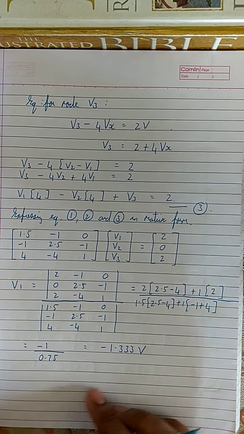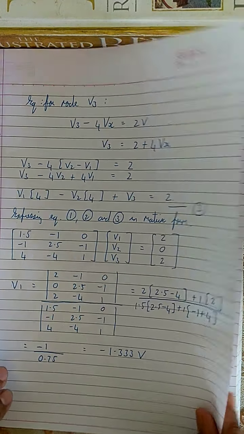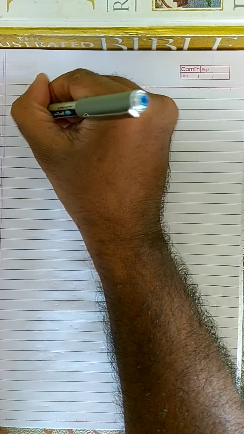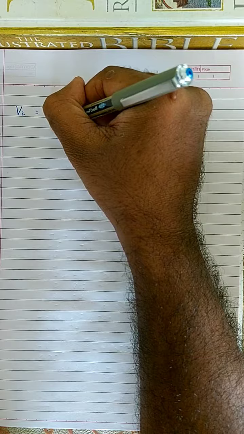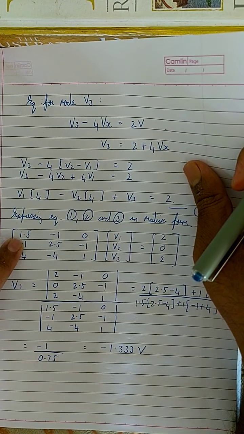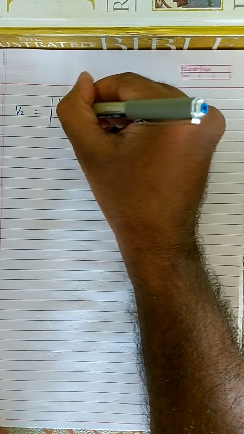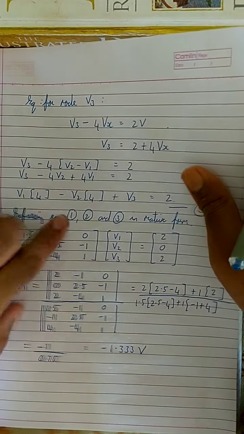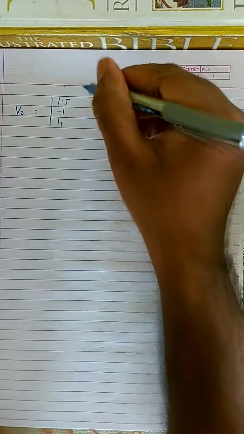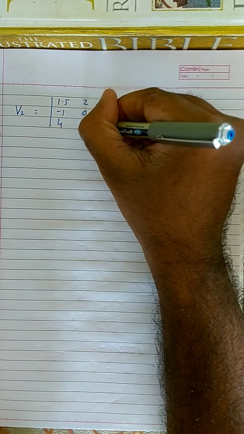Now next I'm going to find the value of V2. So to find the value of V2, 1.5, minus 1, 4. The second column will be 202.